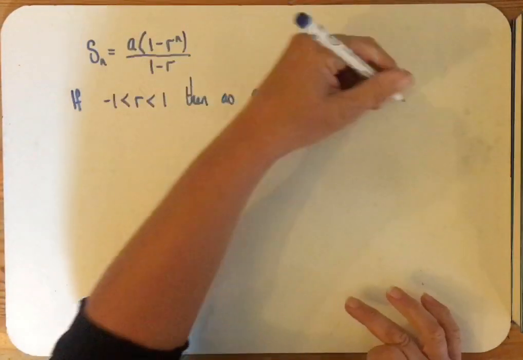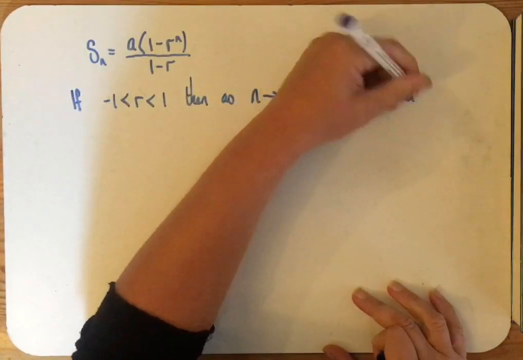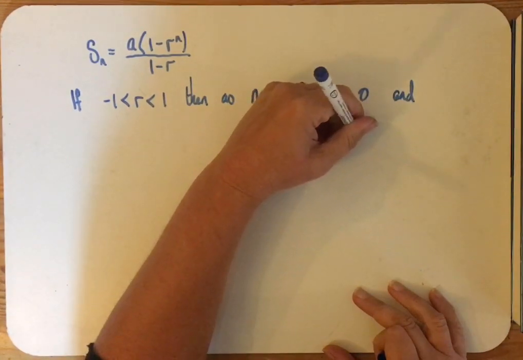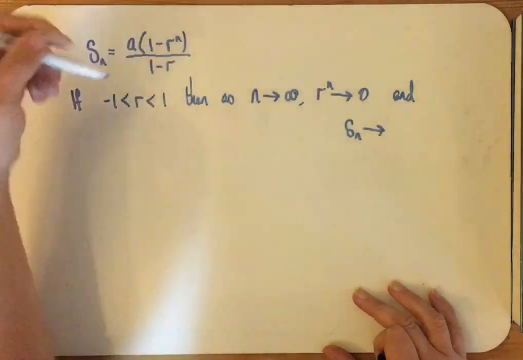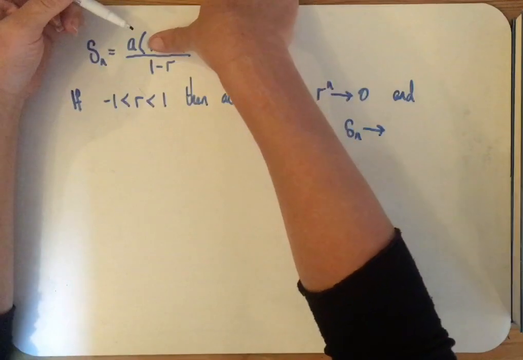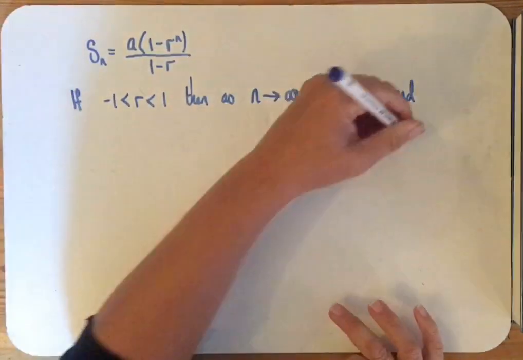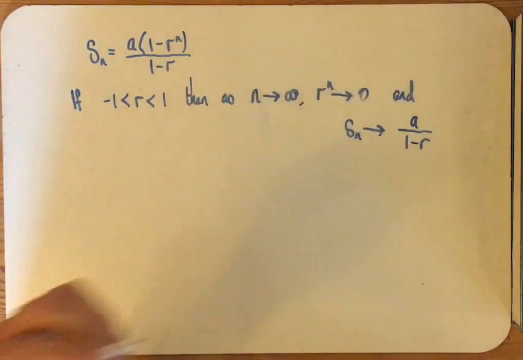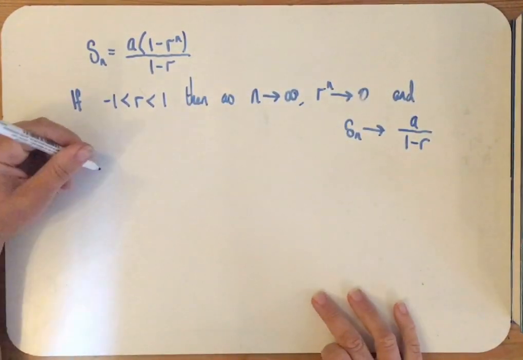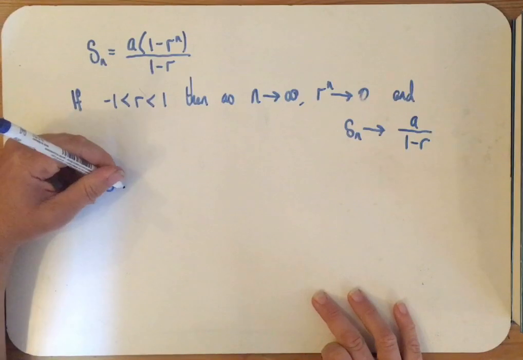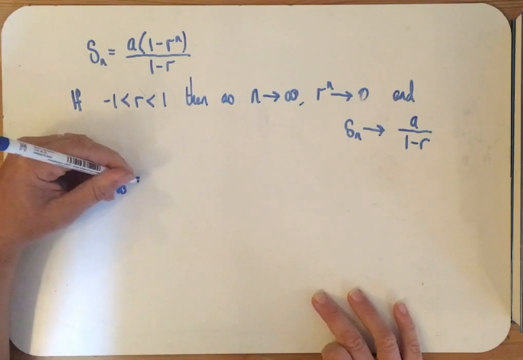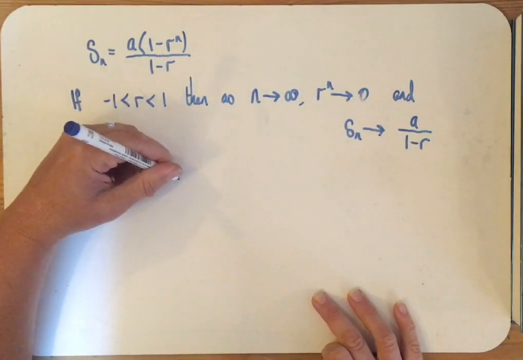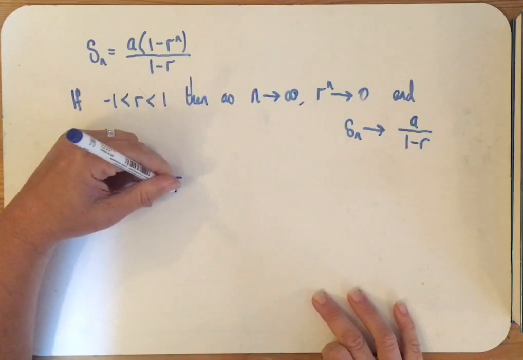And S n approaches, so if this bit here goes to 0, you're just left with a over 1 minus r.